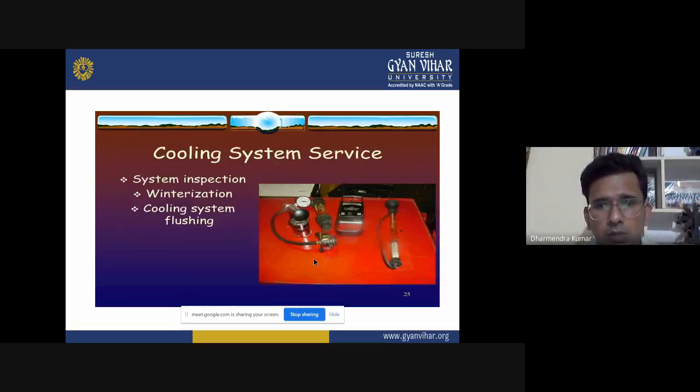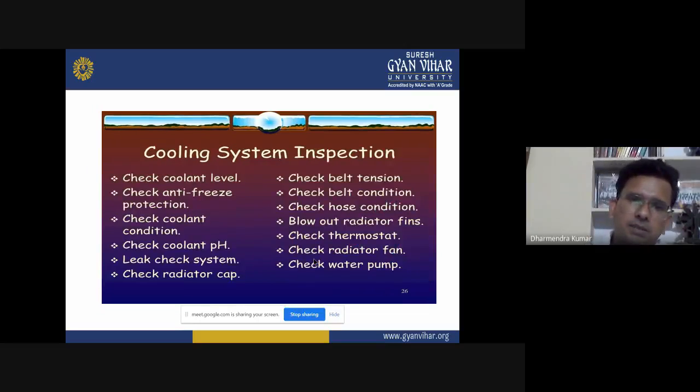Now the cooling system service: if you're talking about the service of that component, it covers system inspection, winterization, and cooling system flushing. Now the cooling system inspection consists of checking the following components in the engine. If you're talking about the inspection of the cooling system, basically we are talking about cars, four-wheeler vehicles, where the engine is kept under the housing.